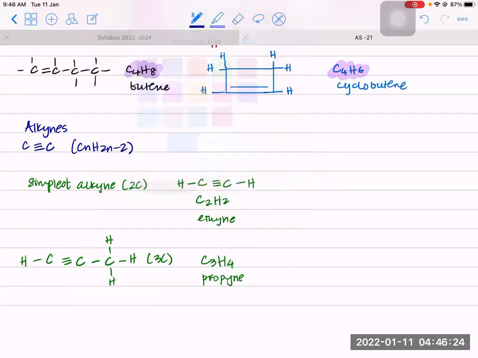And if you see the general formula, CnH, so C2H, 2 times 2 minus 2, that is C2H2. Clear? Then if you have C3H, 2 times 3 minus 2, that is C3H4. Clear? So this right here is alkyne functional group.